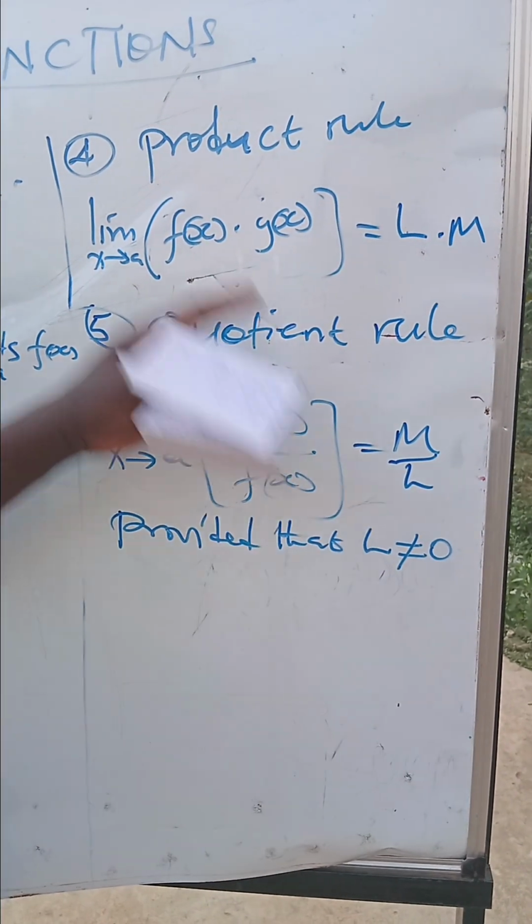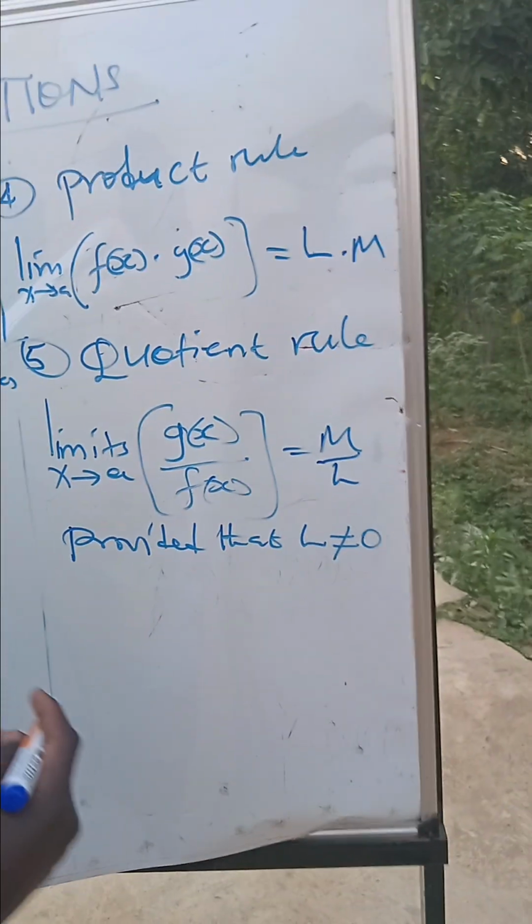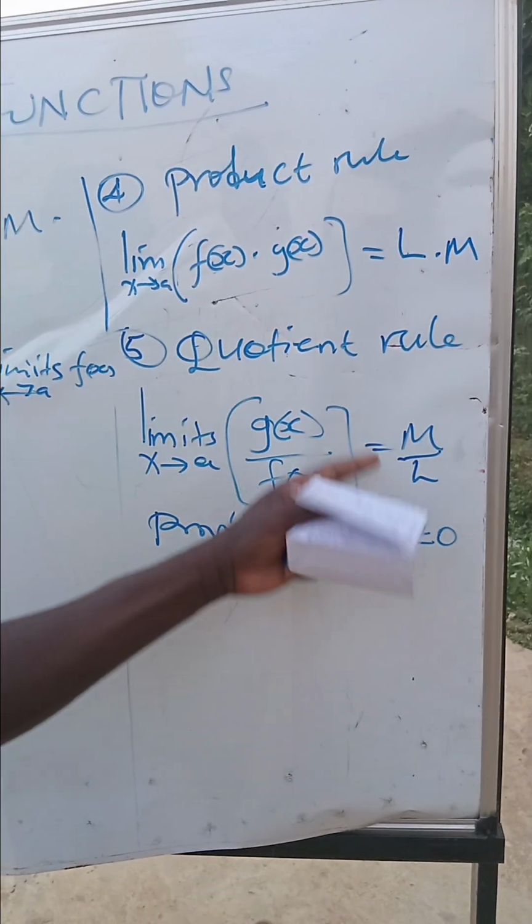It satisfies the fifth property of limits of a function called the quotient rule.